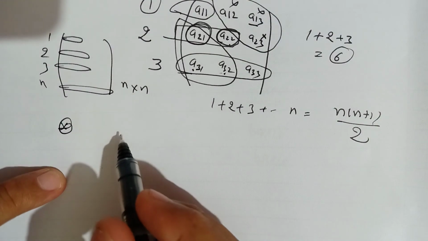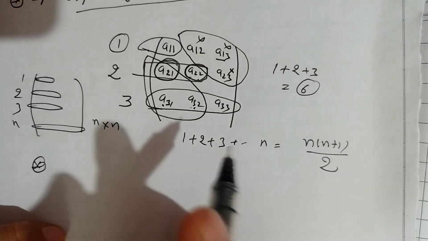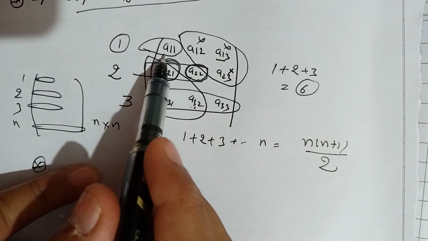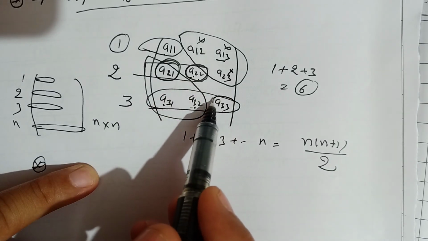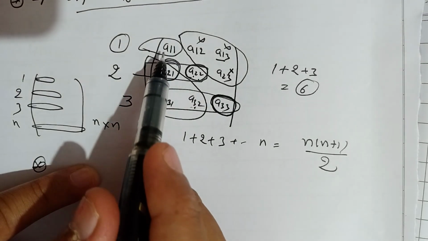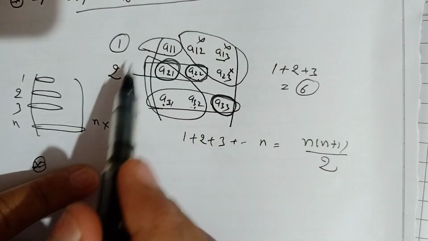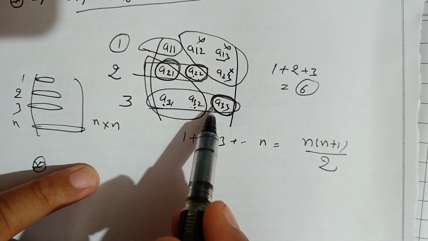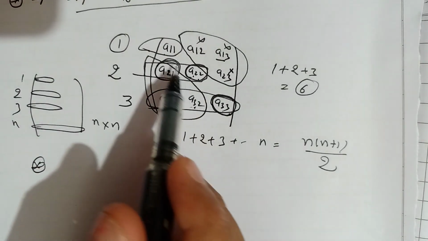Next we have the set of all matrices whose trace is 0. If you take this matrix itself, the set of all matrices with trace 0. Trace 0 means A11 is free, A22 is free, but A33 is not free. A33 equals minus of A11 plus A22. So all are free except one element, because the last element will be nothing but minus the sum of the other diagonal elements.